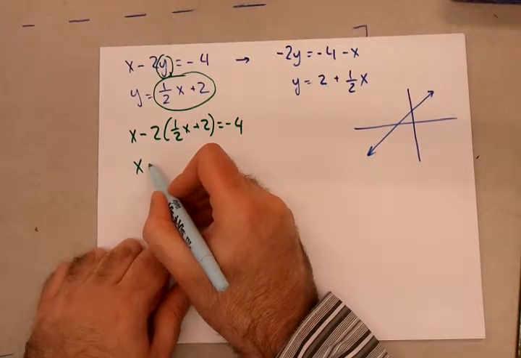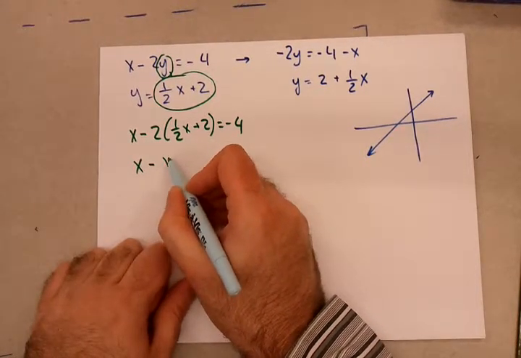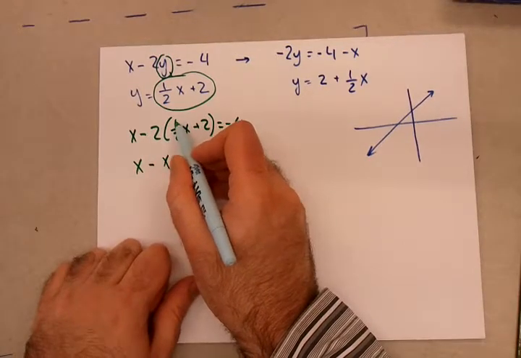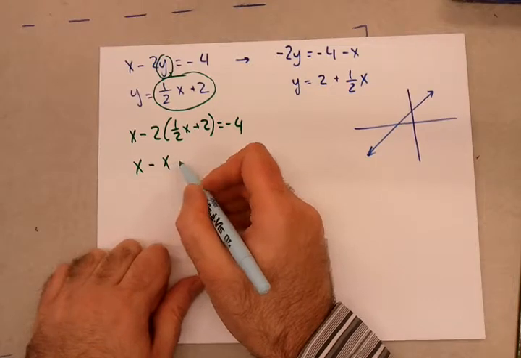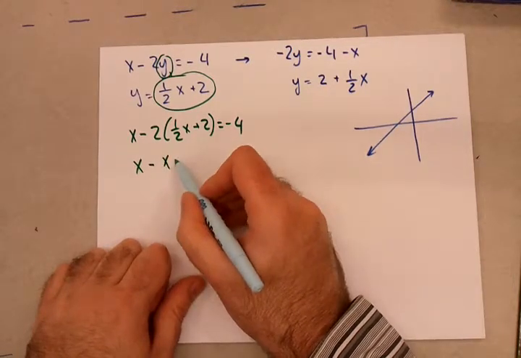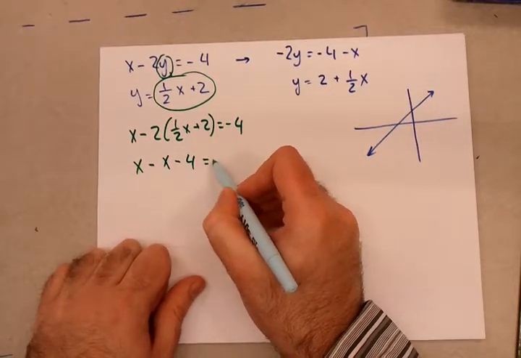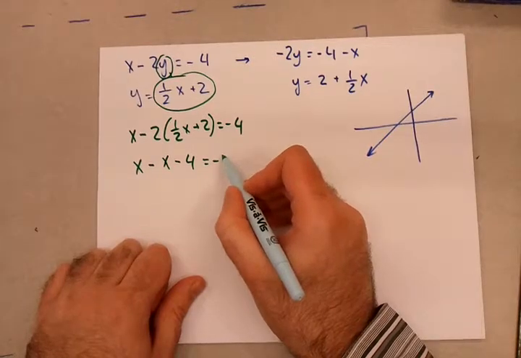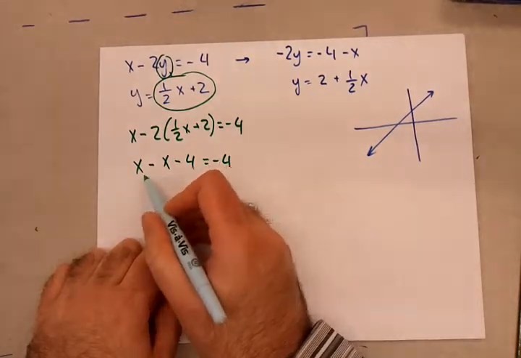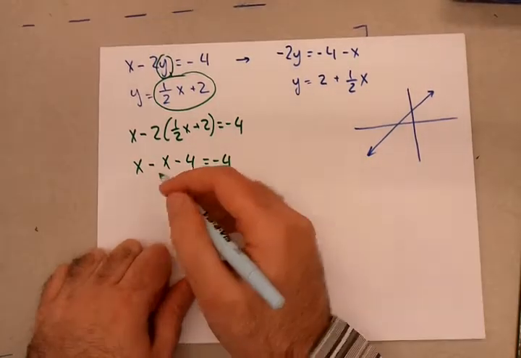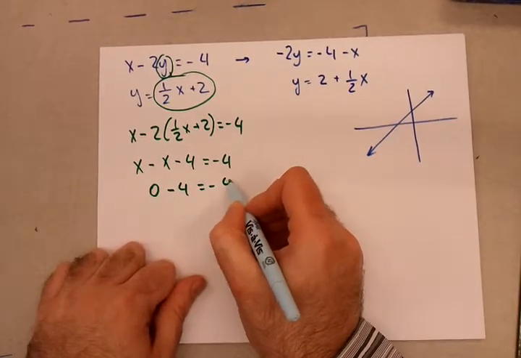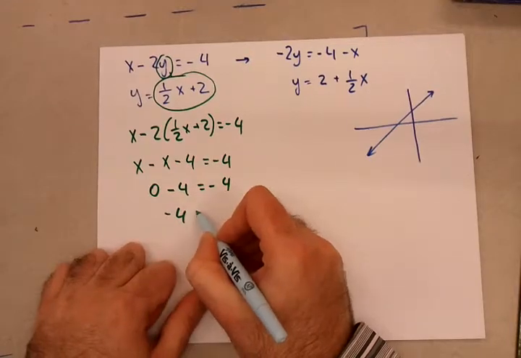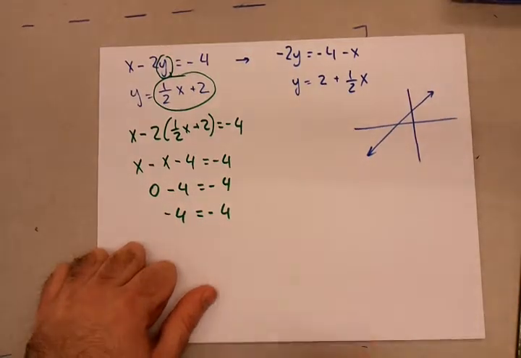So it's going to be negative x, because negative 2 times a positive half is negative 1, and I don't write the 1, so negative x. Negative 2 times a positive 2 is negative 4, so negative 4 equals negative 4. x minus x is 0. Negative 4 equals negative 4, and negative 4 does indeed equal negative 4.